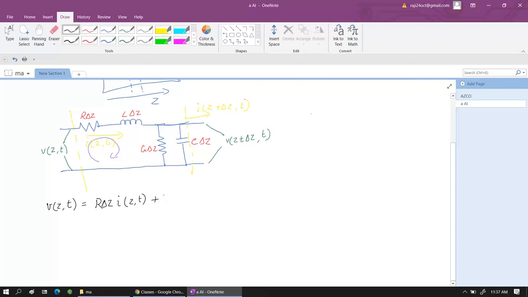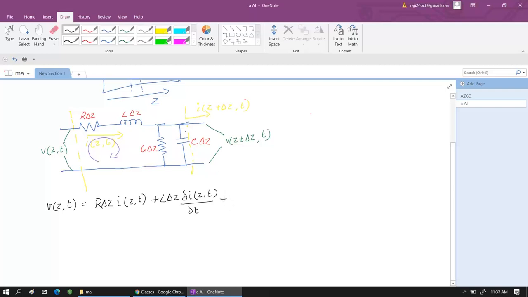L, so it is LΔz. What is that inductance expression you have? That is in terms of ∂I(z,t)/∂t. This expression you know as you have studied in your earlier semesters.